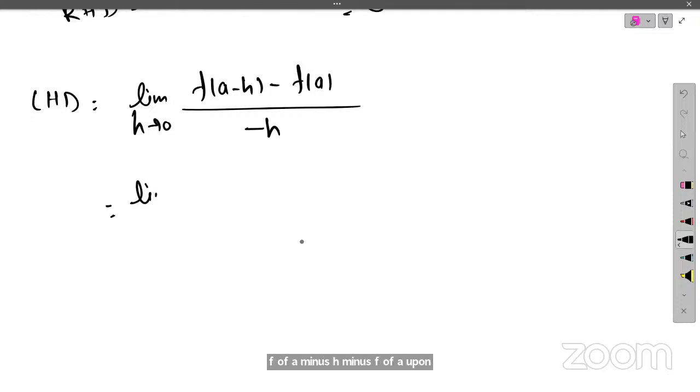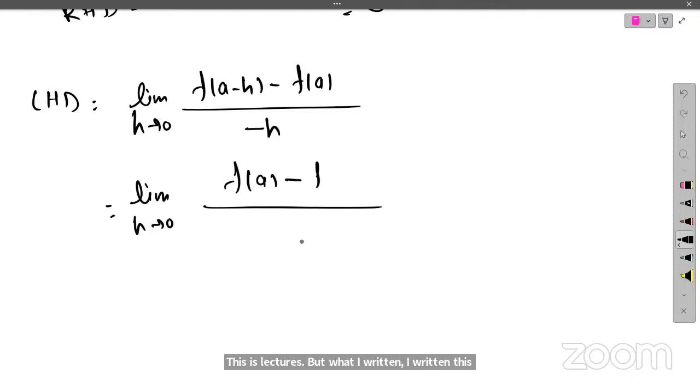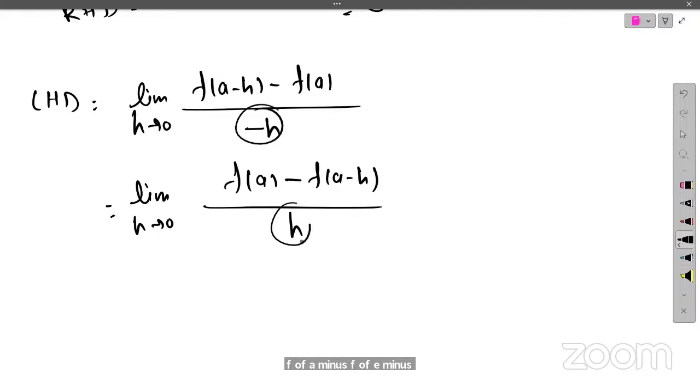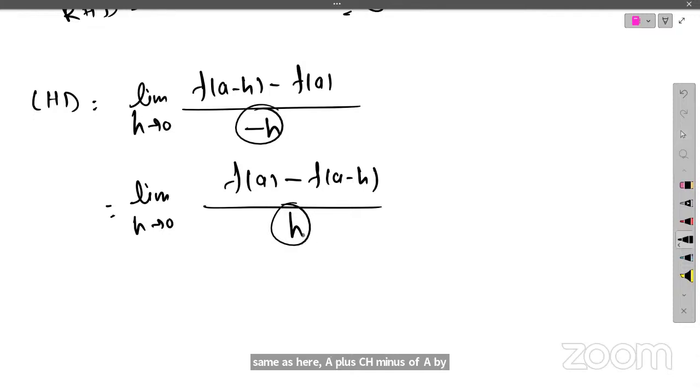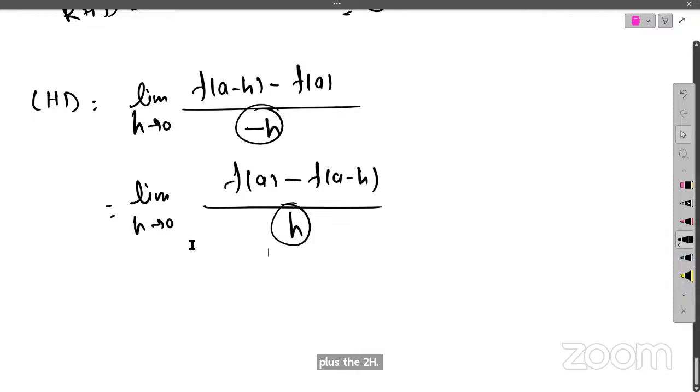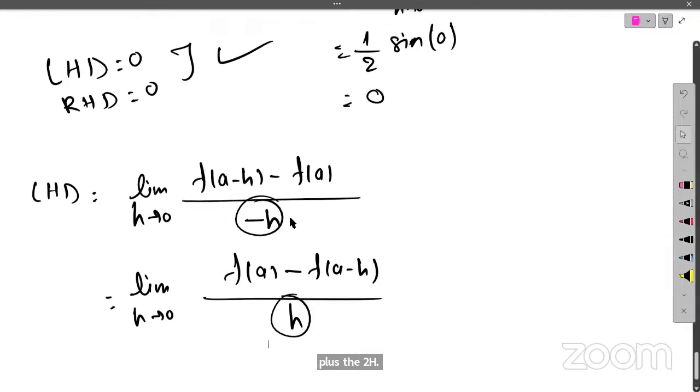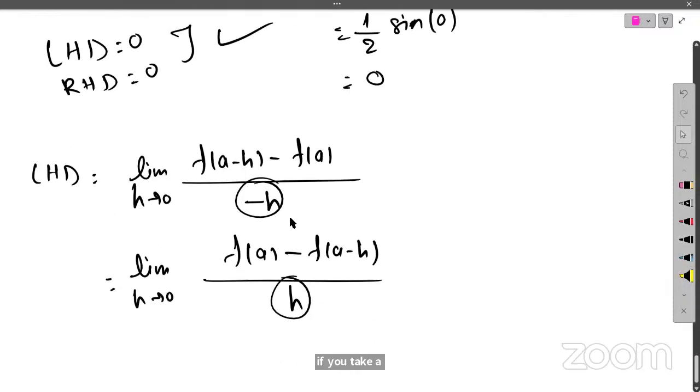But what I wrote is limit h going to 0 of f of a minus h upon h only. So here the minus gets adjusted. So both things are the same. In the right hand derivative it will be f of a plus h minus f of a by positive h, whereas here we have negative h. So if you take the minus common, it will become the same. Yeah, that's what I'm saying.